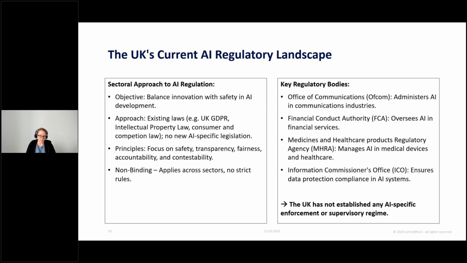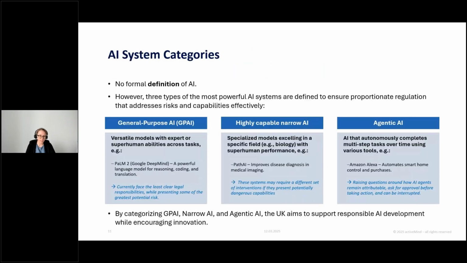AI systems are categorized into 3 types. As you will see on this slide, there is no formal definition of AI. AI systems or AI technologies in the white paper are defined as products and services that are adaptable and autonomous.